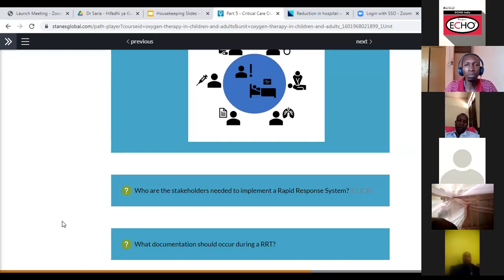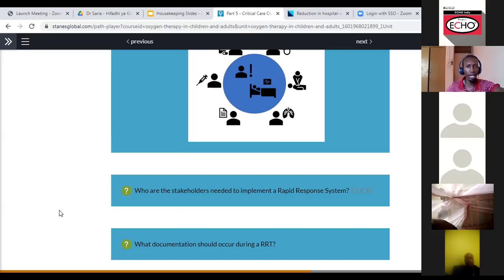So the systems, different administrative people from different sub-specialties: directors, people from the accounting office to facilitate the money, people in quality improvement to see which places we can improve and be better. So all those administrative blocks should also be involved to make sure that these rapid response teams are effective and productive in our places.